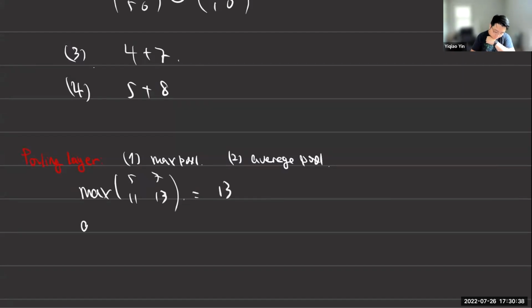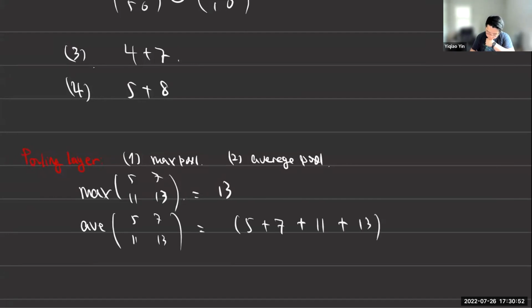And then you also have average pooling. So 5, 7, 11, 13. This is going to be 5 plus 7 plus 11 plus 13, and then you divide it by 4. Average pooling is basically just taking the average.